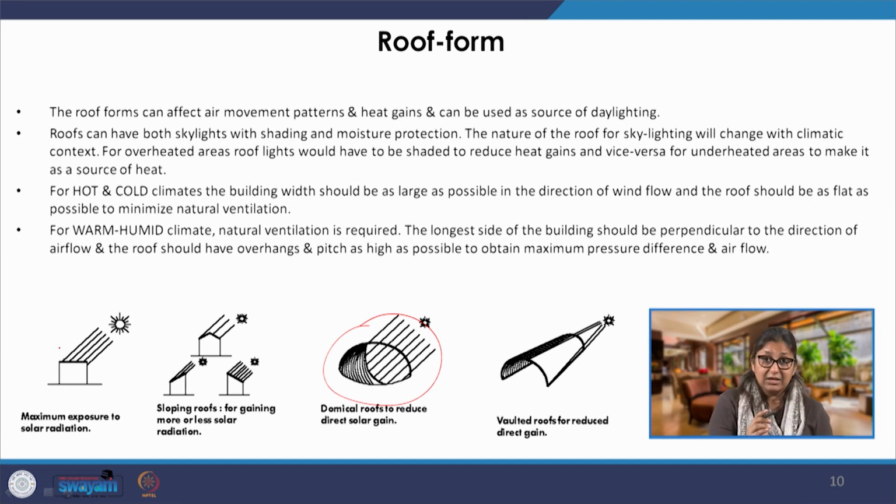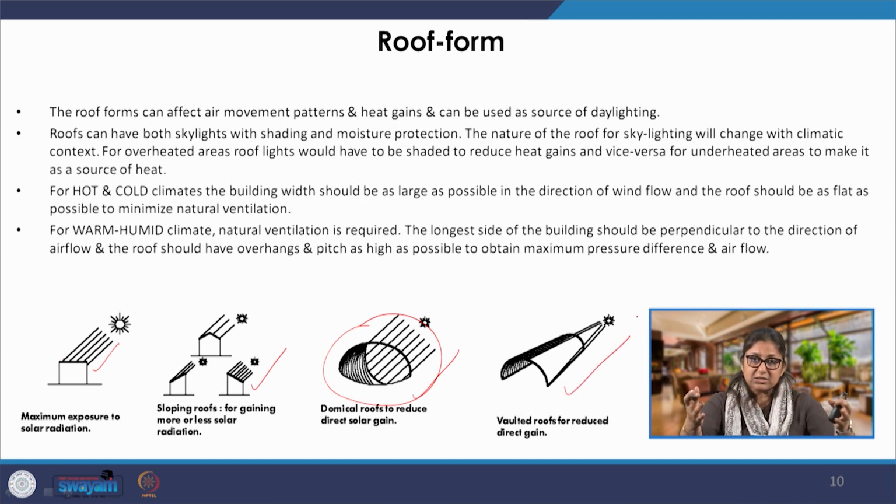So, you will see that in extremely cold countries where it does not rain or snow as much, we will find flat roofs. In others, we will find sloping roofs, single side sloping towards the sun's direction. In extremely hot climates, you would find domical roofs. In the Middle East, the typical roof form is domical or vaulted.